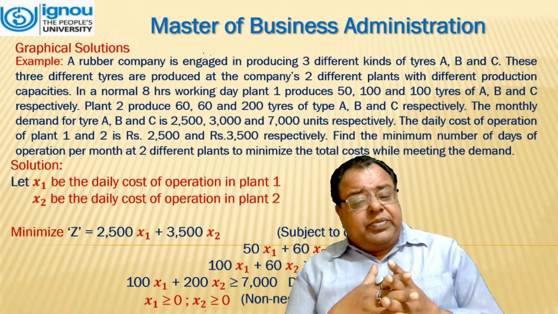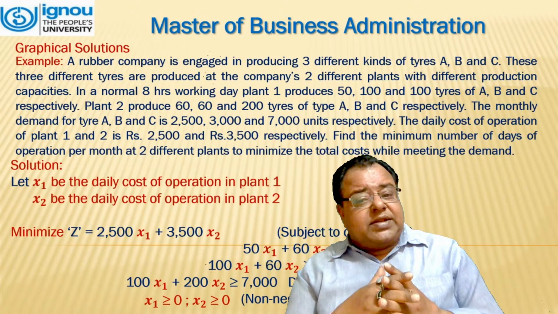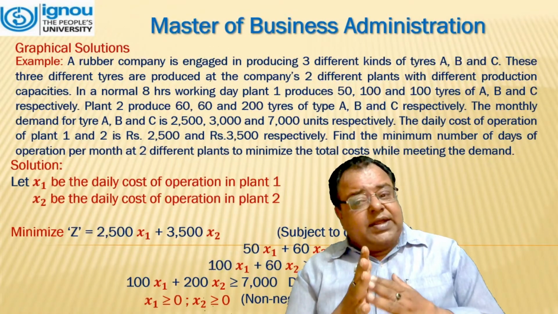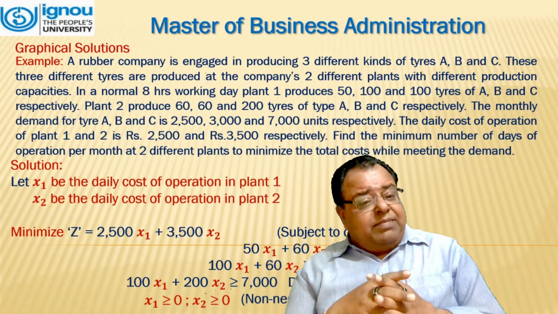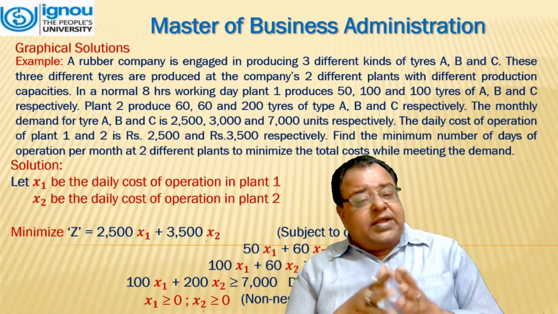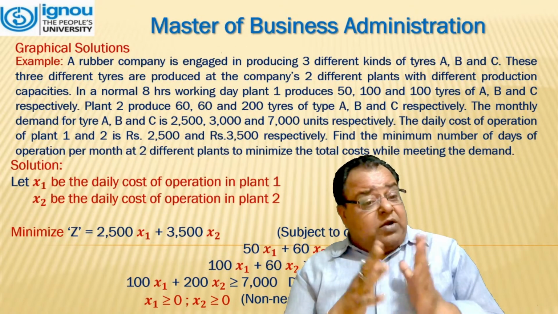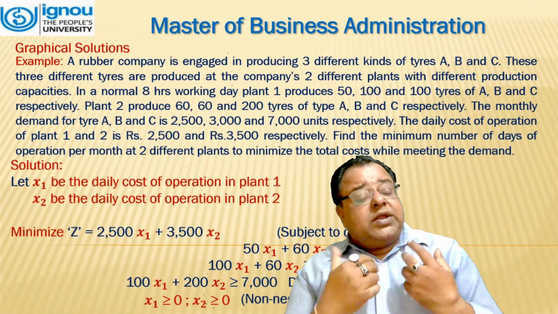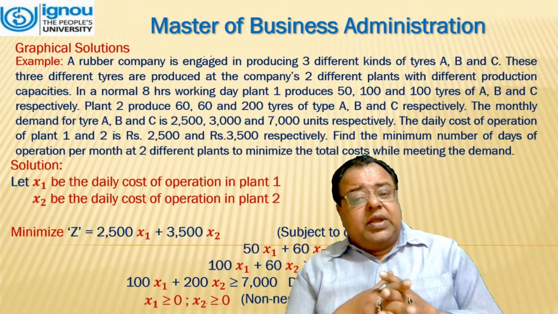And similarly, plant 2 makes 60, 60, and 200 tires of type A, B, and C respectively. The monthly demand of tire A, B, and C is 2,500, 3,000, and 7,000 units respectively. And the daily cost of operation of plant 1 and 2 is rupees 2,500 and rupees 3,500 respectively.